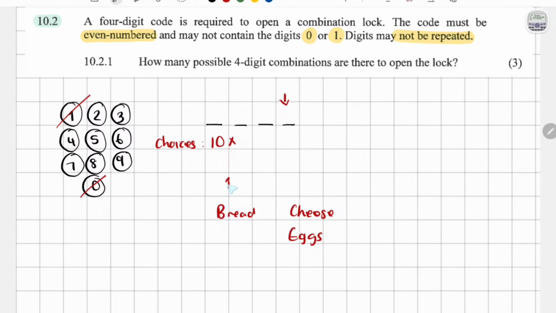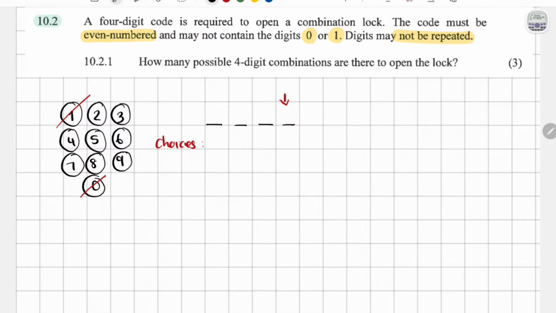Here, you only have one category, bread, and you have to mix this with either cheese or eggs. There's two categories. To find out the amount of sandwiches that you can make, you would say 1 times 2, which is 2 sandwiches, which makes sense because you can either make bread with cheese or you can make bread with eggs. Okay, so that's the reason we multiply.